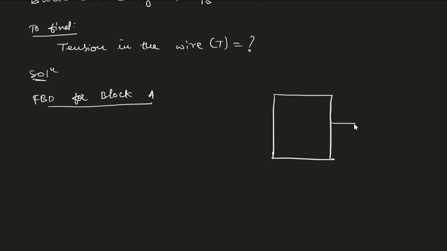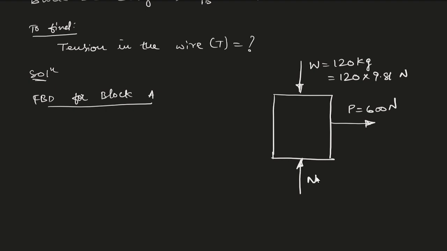So we have a force applied from left to right, P, which is equal to 600 Newton, and we'll have a weight of the block as well, which is acting downward, that is W equal to 120 kg. So we have to convert into Newton. That will be 120 into 9.81 Newton, and we'll have a normal reaction as well, normal reaction N.